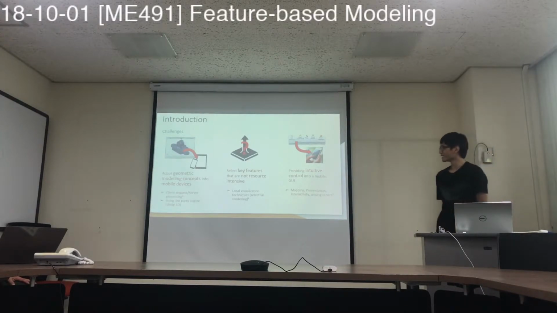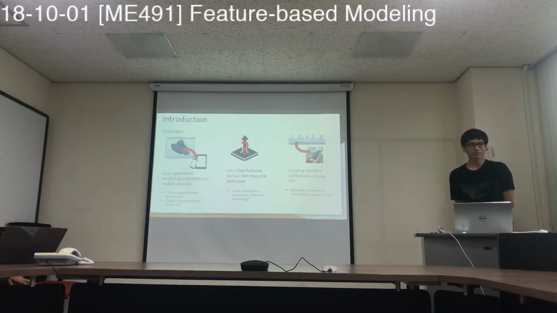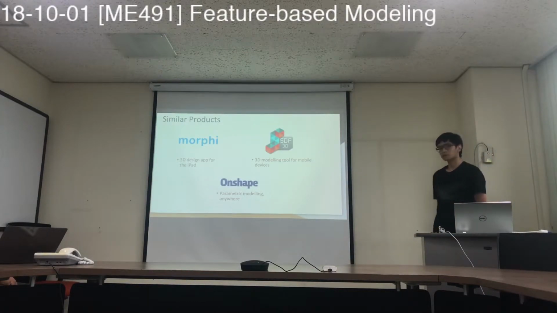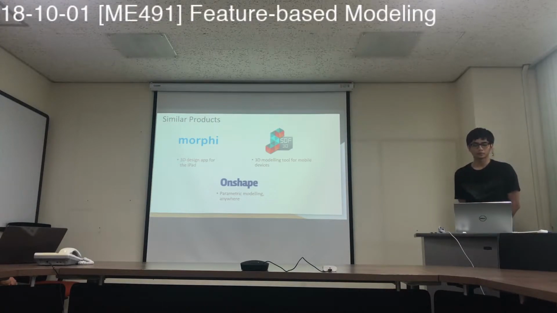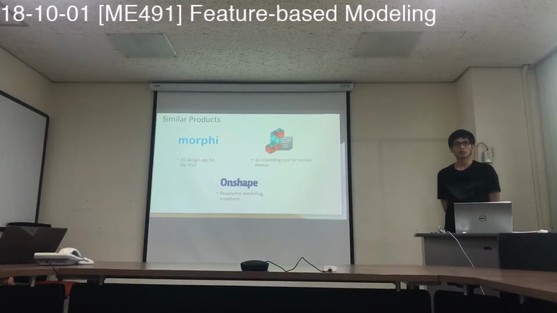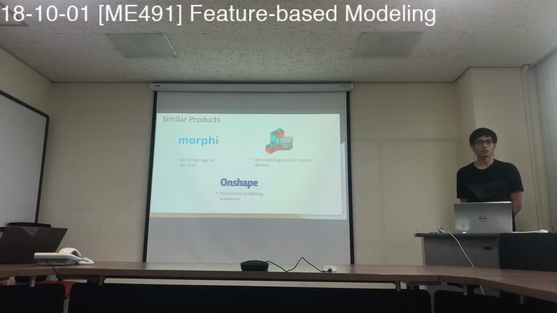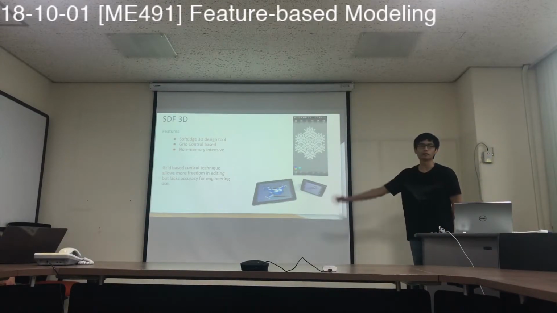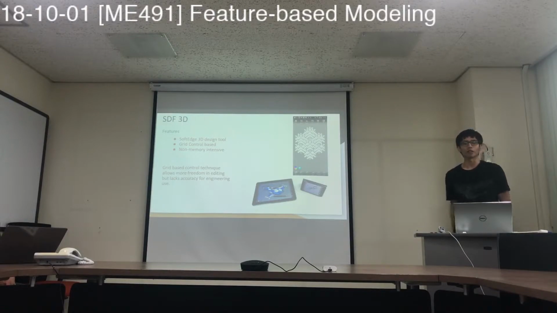Okay, and you also introduced the 3D app, and in that slide, you said that app used a low memory. Yes. So did you search about why they use low memory? Mainly because of their first two features. It's their own way of creating 3D models.